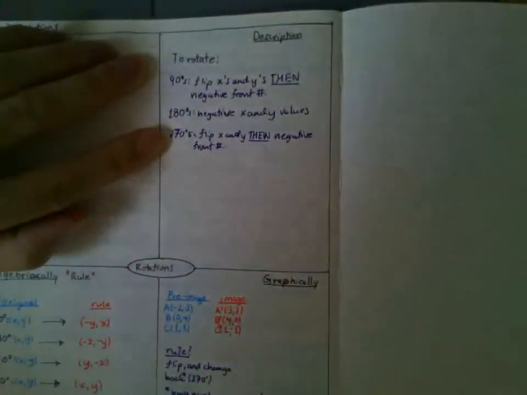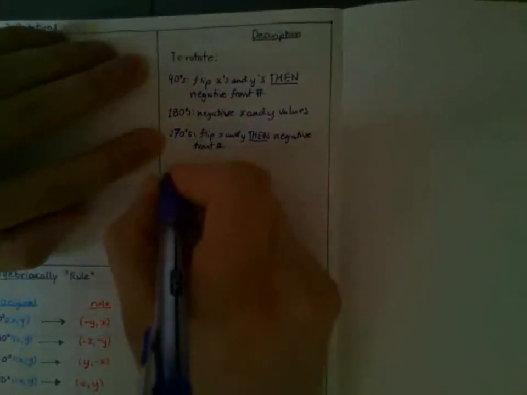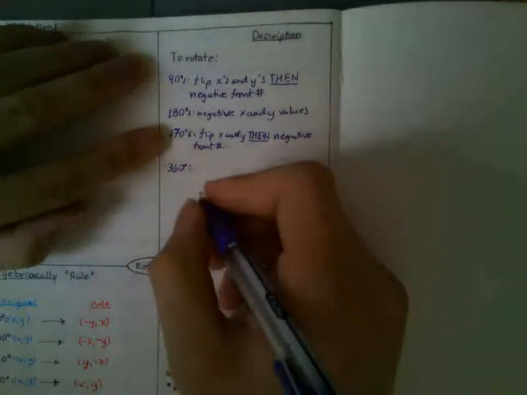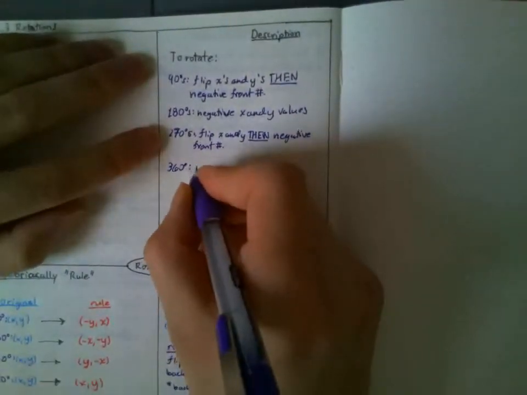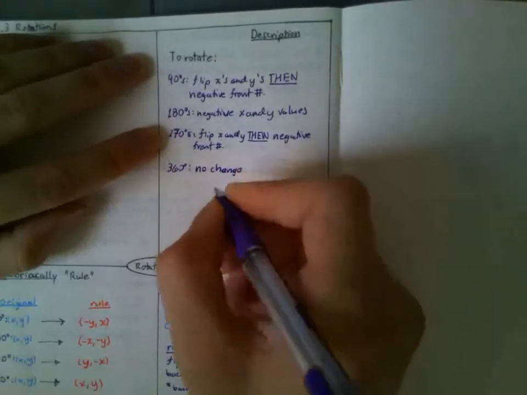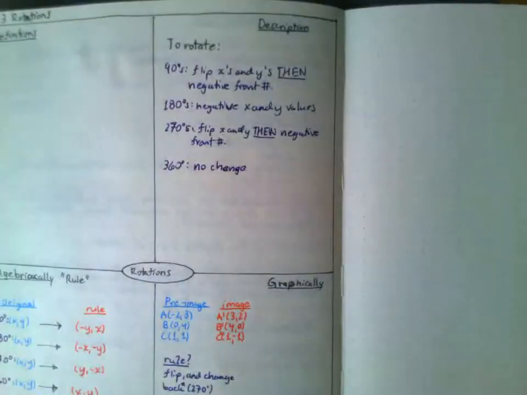Okay, so far so good. And finally, you can guess what's going to happen with 360 degrees. Guess what? There's no change. It's just the same.